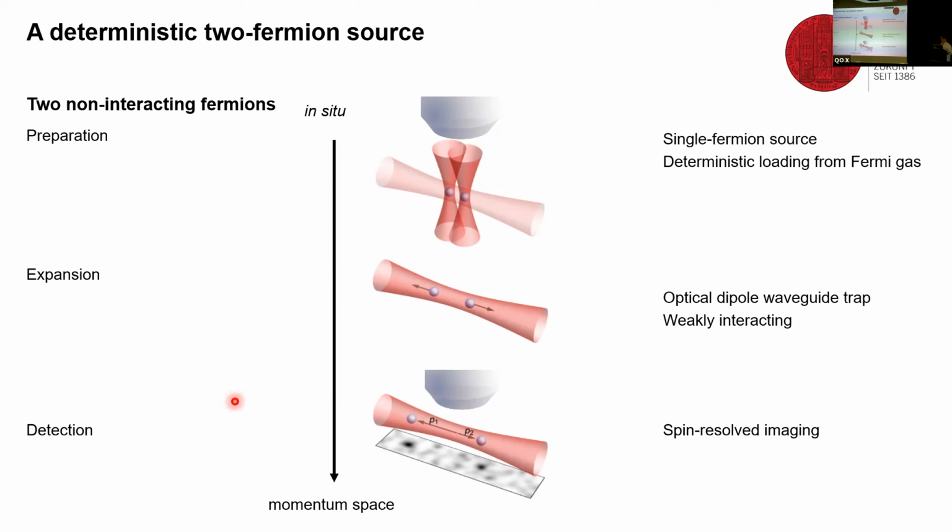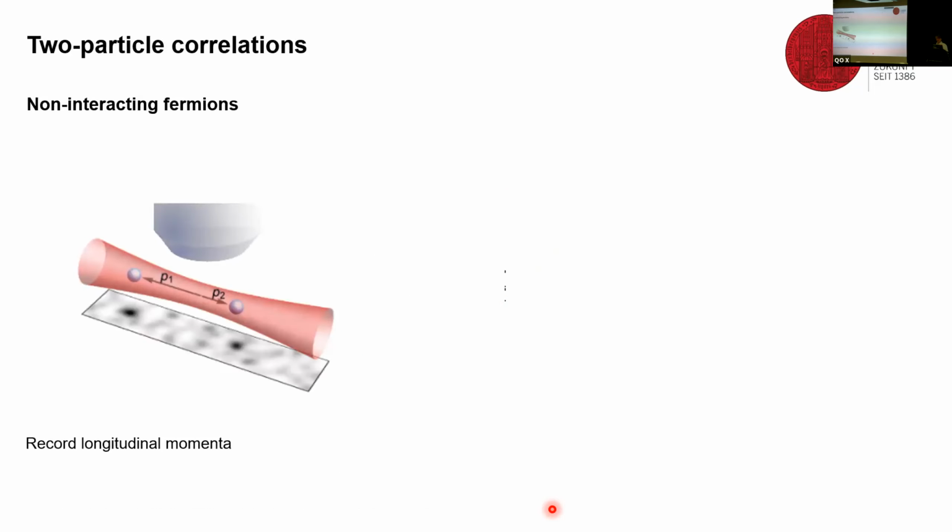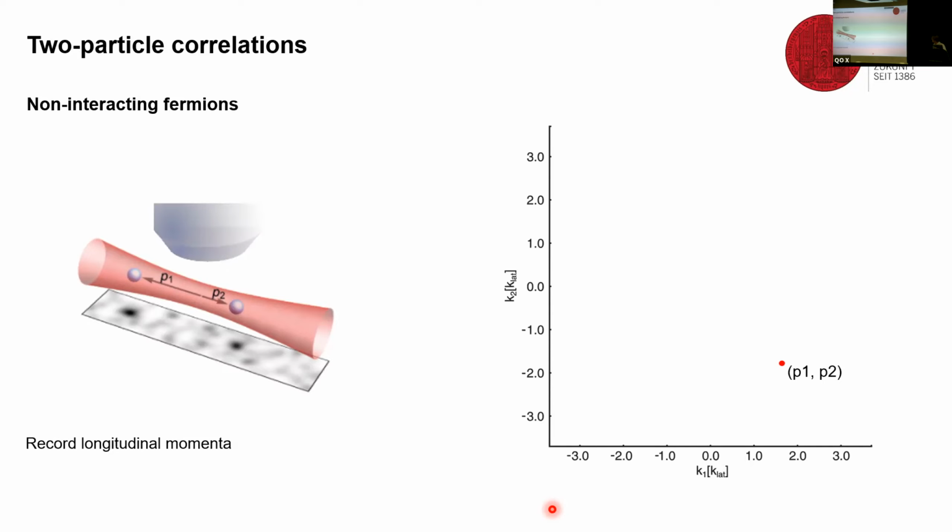After some time, we record their positions using fluorescent light that we shine on the atoms. Because we are very efficient in collecting the fluorescence from individual atoms, we can collect enough photons from one atom before it has moved too much. That's how we obtain the positions of the atoms after some time of flight, giving the momenta of the particles. That's what such an image looks like here.